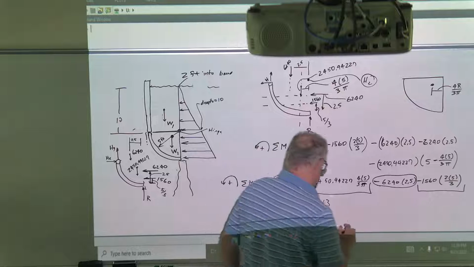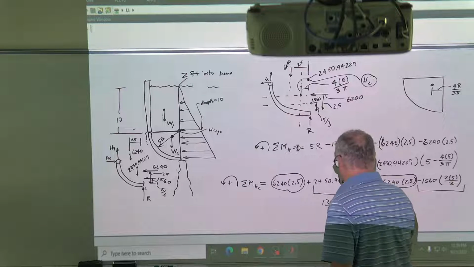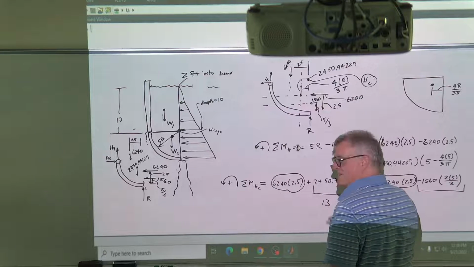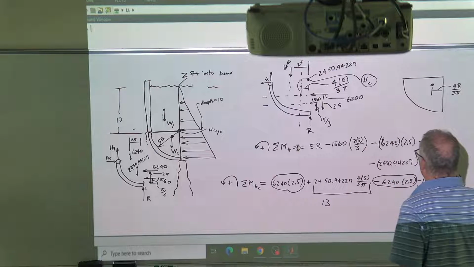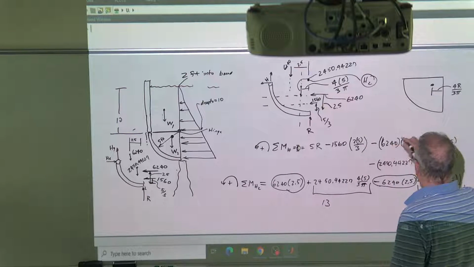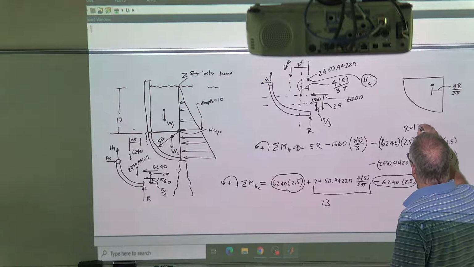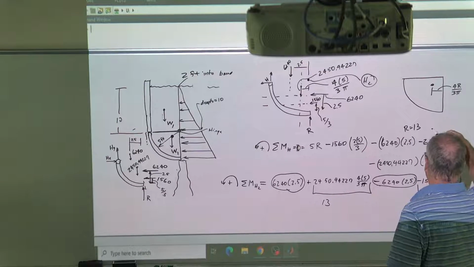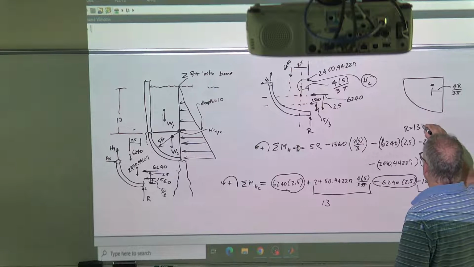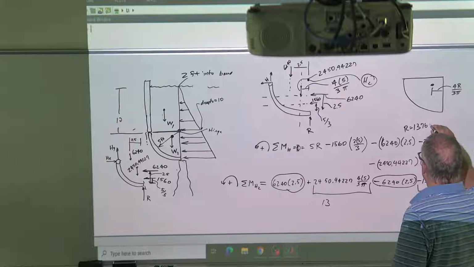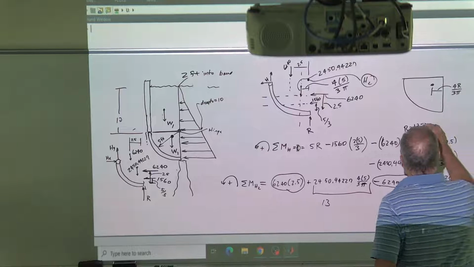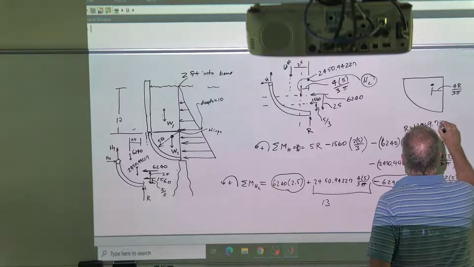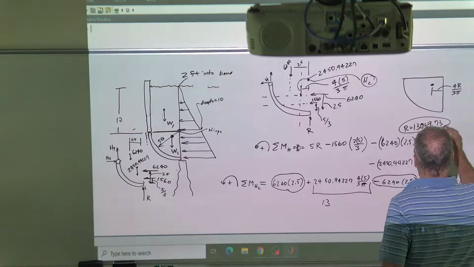Does that sound about right? Well, I don't know. No, I'm talking about for the whole moment equation up at the very top. Oh, this one. Yeah. So R was equal to 13,069.73. That sounds reasonable.